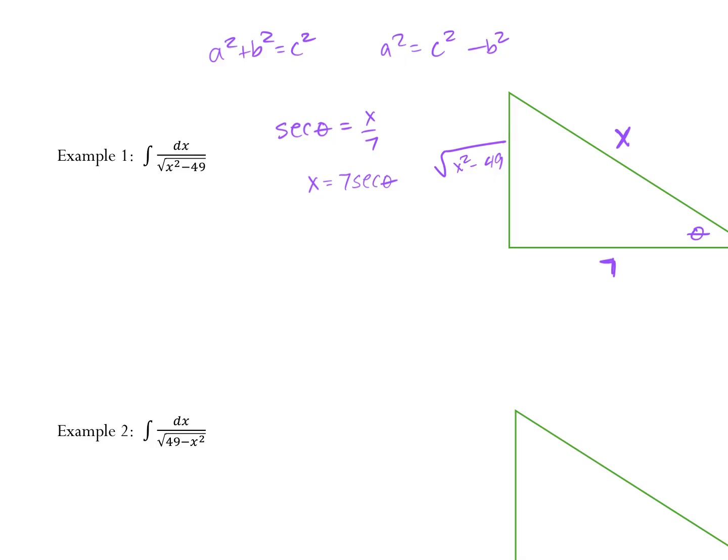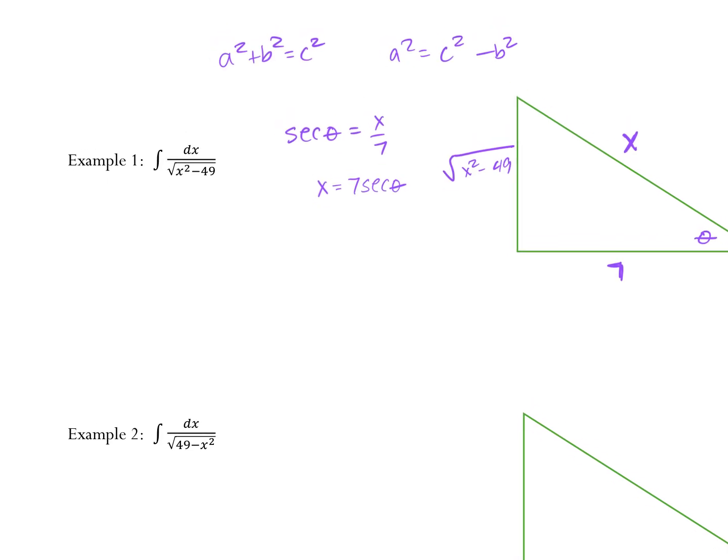If the constant was the hypotenuse, like if it was 49 minus x squared, then what would you put on the bottom? Would you flip the 7 and x? Alright, we'll figure it out here in a second.